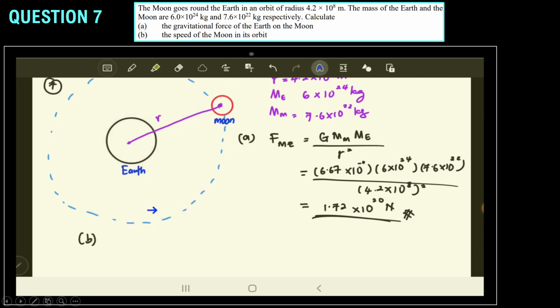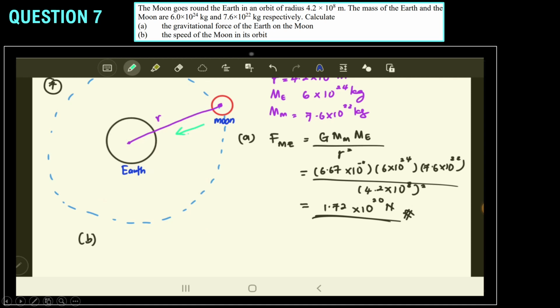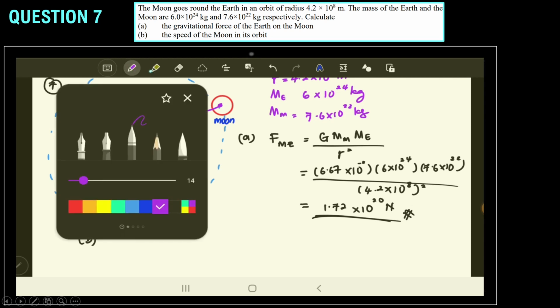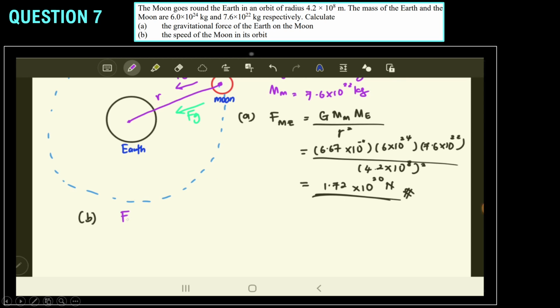So you can see here, the moon is orbiting the Earth, so it means that there is gravitational force between them. I will write the direction of FG here, the gravitational force between the moon and the Earth. At the same time, we know that the moon is moving in circular motion, so it means that there is centripetal force. The force that provides the centripetal force is the gravitational force between the moon and the Earth. FG is equal to FC.